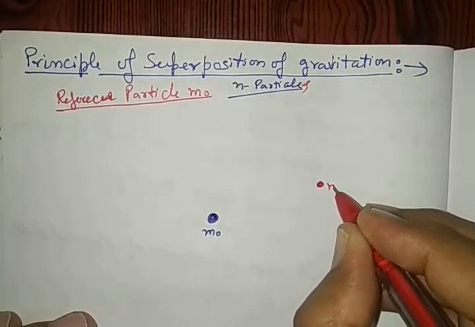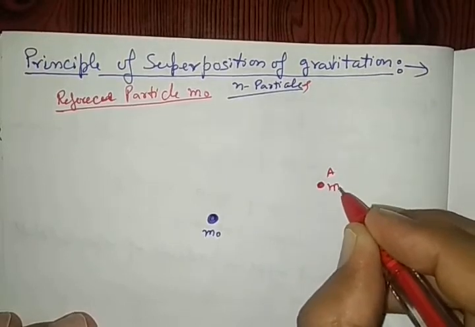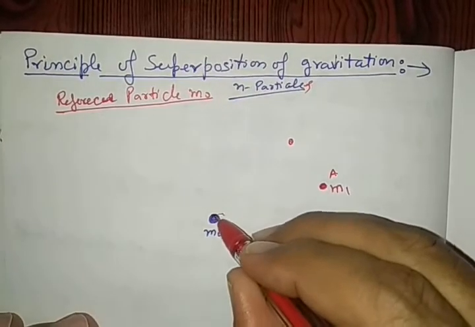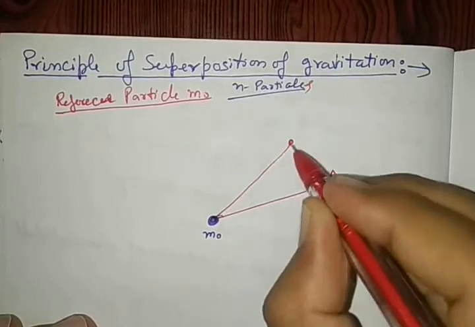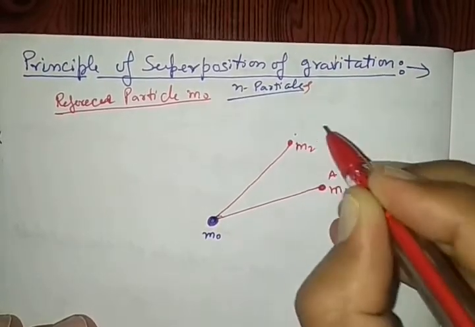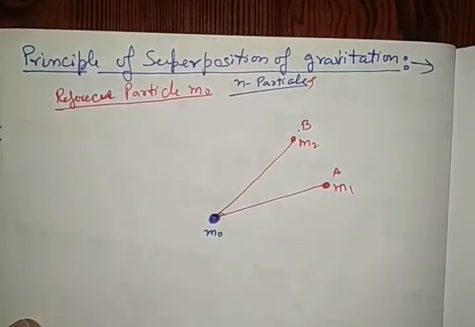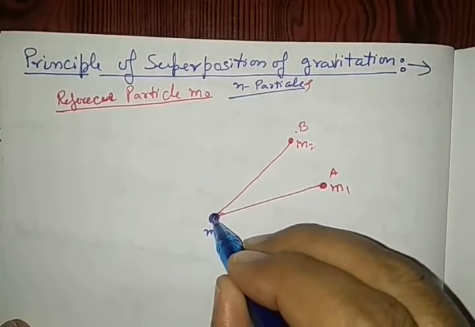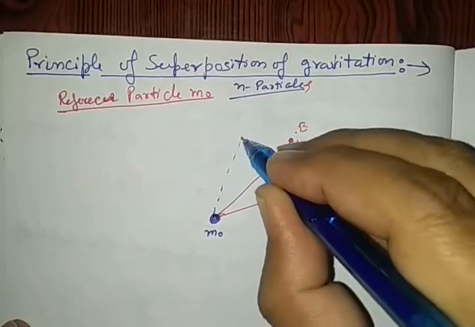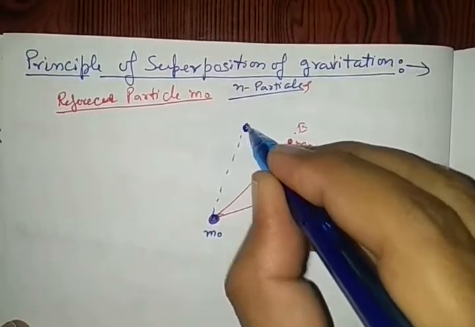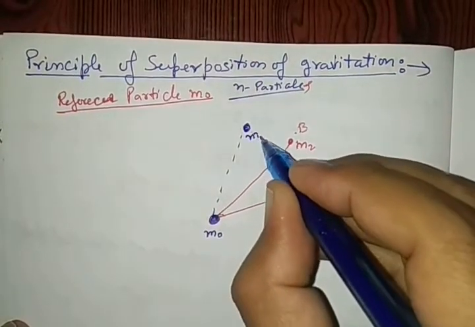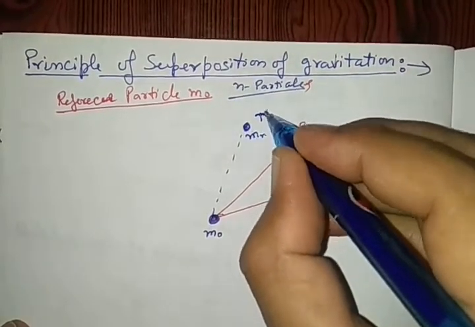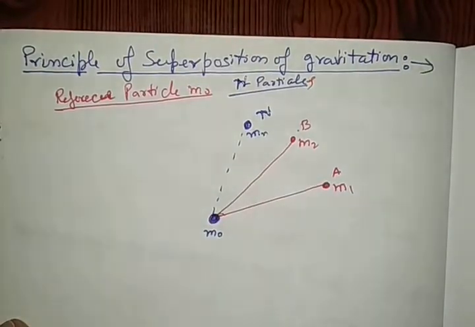Suppose this is first particle A of mass m1 at point A. Second particle having mass m2 at point B. Same like this, another particle, this is particle of mass mn at point N. We can say capital N. So we are representing that there are capital N particles.